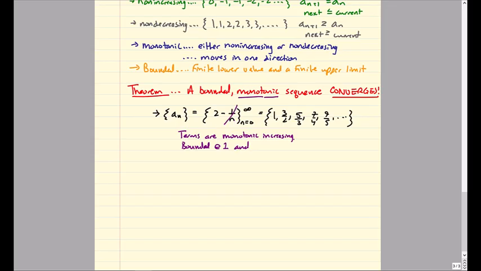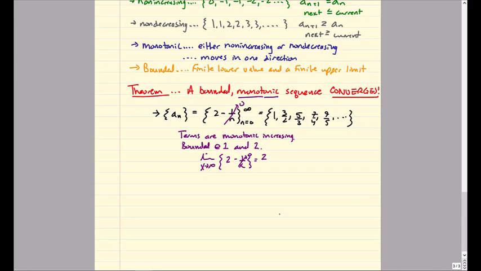This would go towards 0, and so this would be bounded at 1 and 2. And again, I get that by looking at the limit as x approaches infinity of 2 minus 1 over x. And that goes to 0, so this is equal to 2. So that's where that comes from.